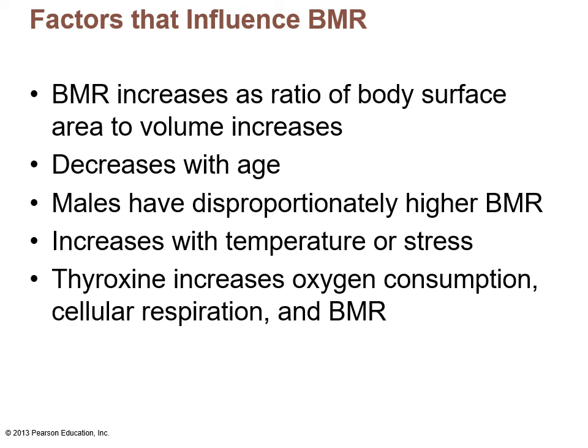Factors that influence BMR: it increases as the ratio of body surface area to volume increases. It decreases with age. Males have more muscle mass, so they have a disproportionately higher BMR. It increases with temperature or stress, and thyroxine increases oxygen consumption, cellular respiration, and BMR.